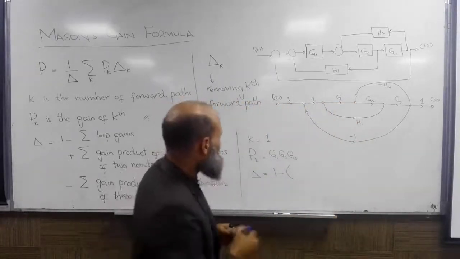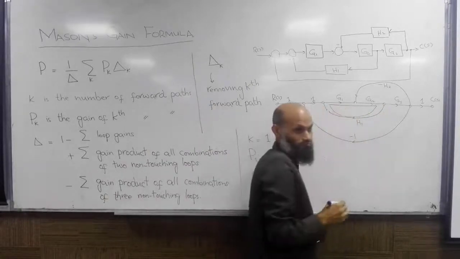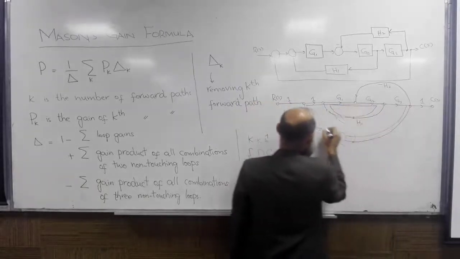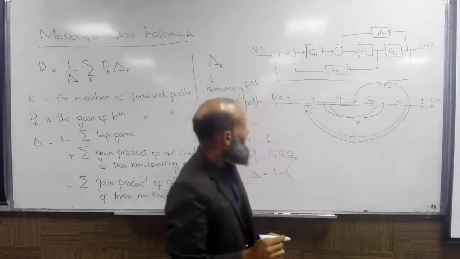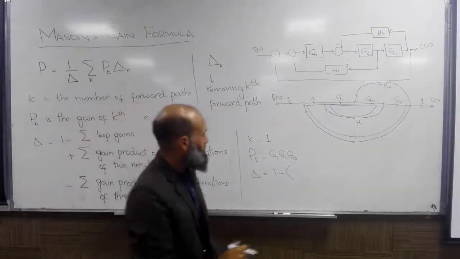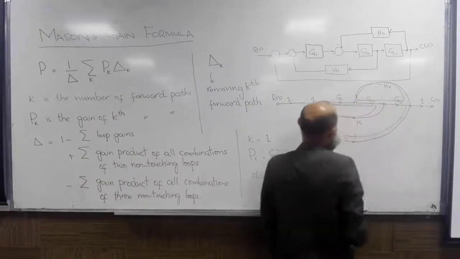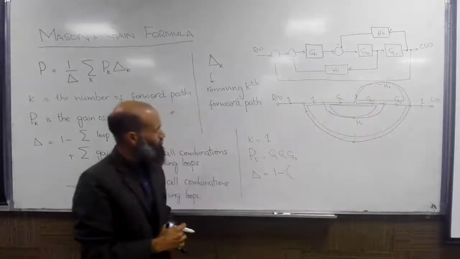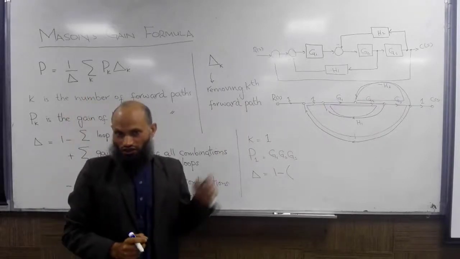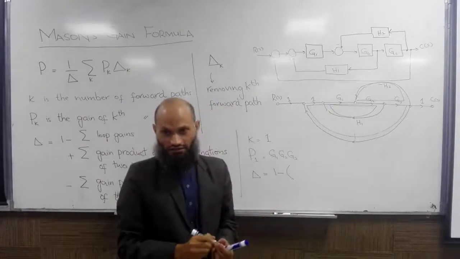Here, this is a loop. This is another loop, and this is the third loop. What else? Any other loop? There are 3 loops. So what are their loop gains?